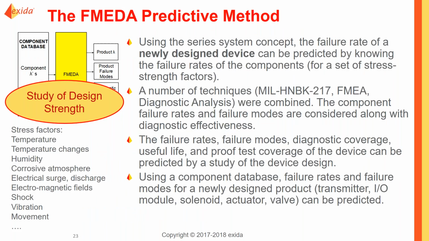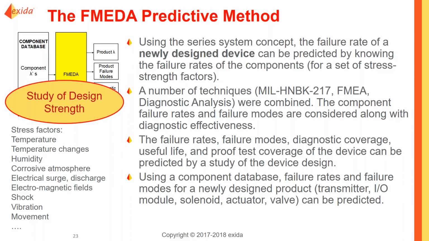One of those methods now that's becoming very well accepted is this FMEDA approach. What this approach does is it takes things like the MIL Handbook 217 and other approaches. It adds in temperature, humidity, movement, vibration, all the different types of failure modes, diagnostic coverage, useful life, proof test coverage.